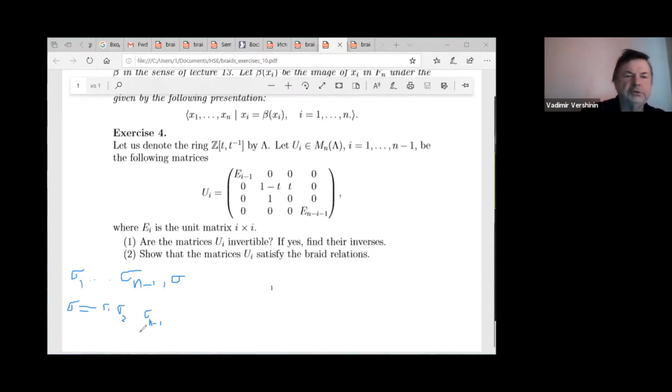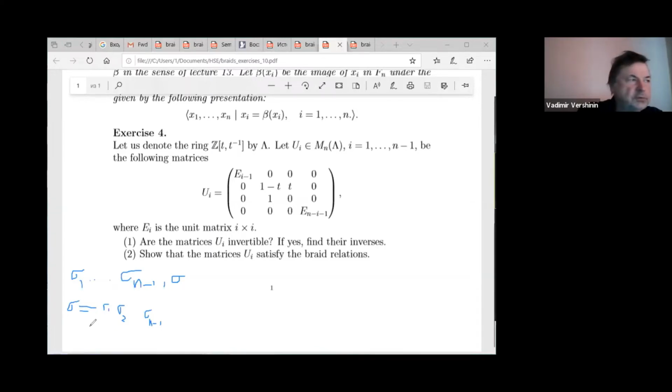Now, because we have relations that we've proved, we can use these relations, that sigma is equal to this.